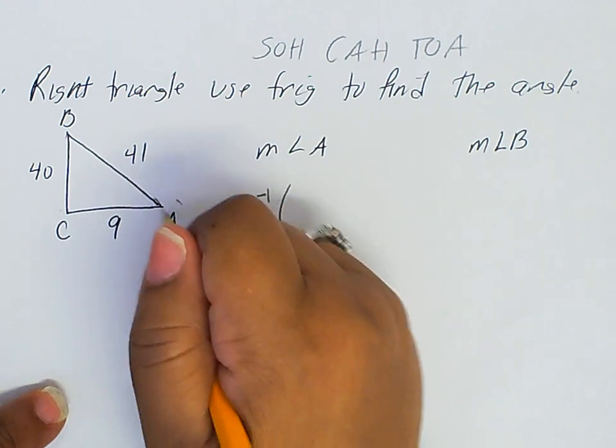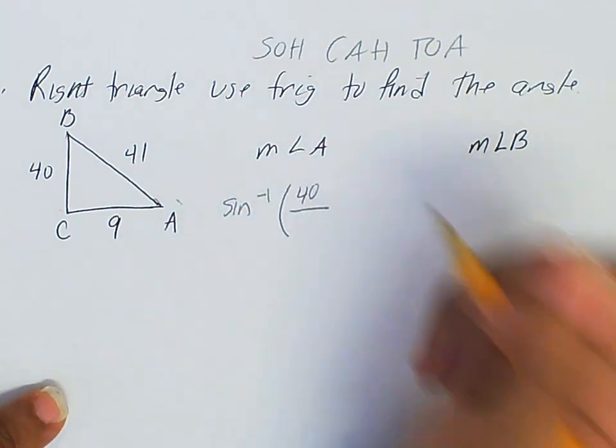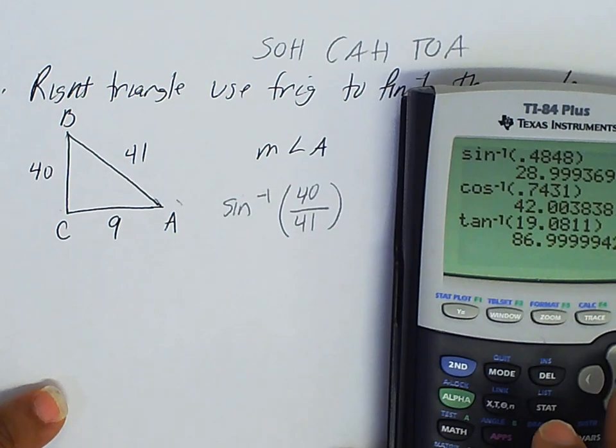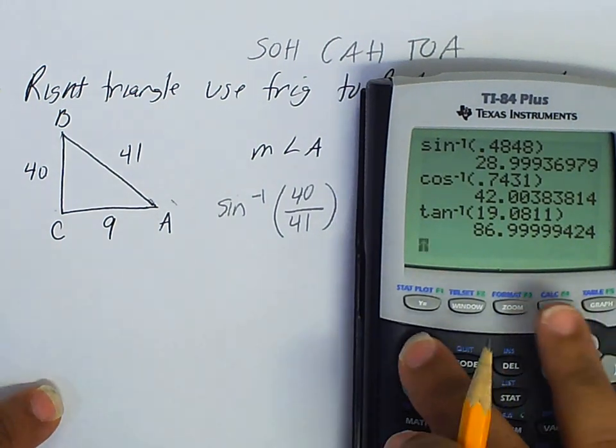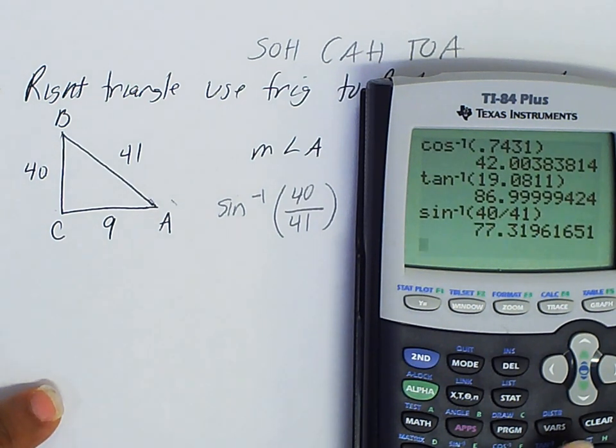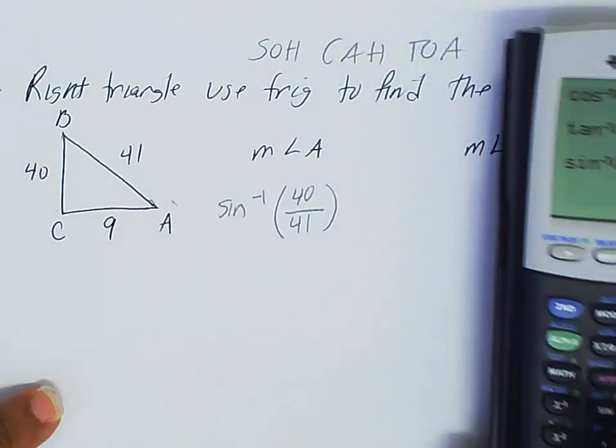I'm doing opposite, which is 40, over hypotenuse, which is 41. I hit the inverse first, then I do 40 divided by 41, hit enter, and there's my angle. It's 77.32.